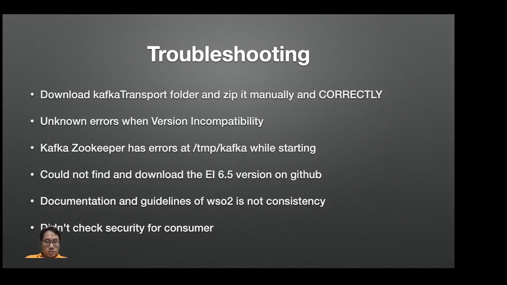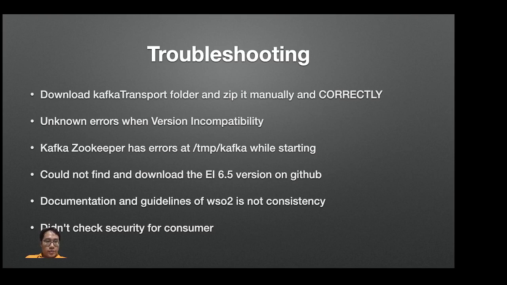So you can see that it also works for both the producer and consumer. But while I have some experience, I got some troubleshooting painfully when I downloaded the Kafka transport folder and zipped it manually. Remember to make it zip correctly.